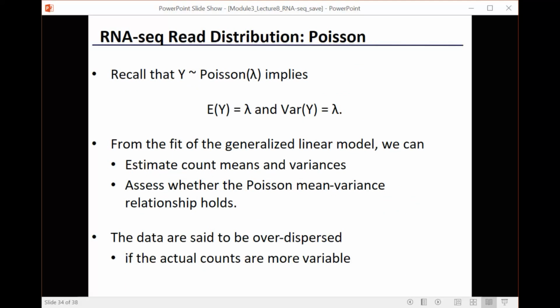In terms of RNA-seq read count distribution, let's think of some simple cases. There are some rare events, for example, the number of patients arriving in an emergency room between 10 to 11 p.m., or the number of phone calls received at a call center within 1 hour.